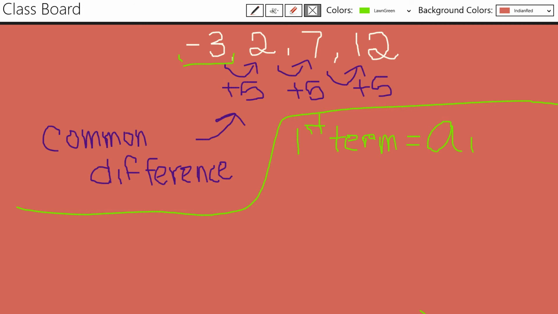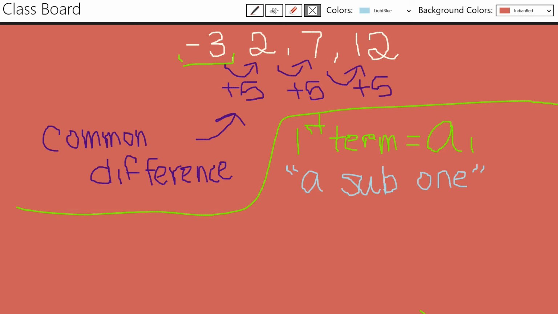How do you think we're going to read this? You read this as a sub 1. On computers you have superscript and subscript, and it's on the bottom, and it's a smaller number, so it's sub. So a sub 1.